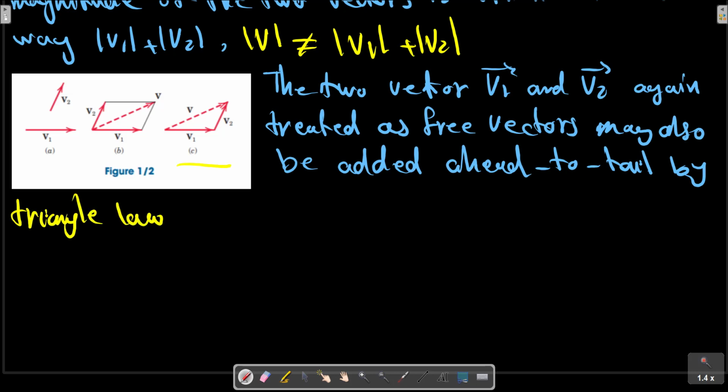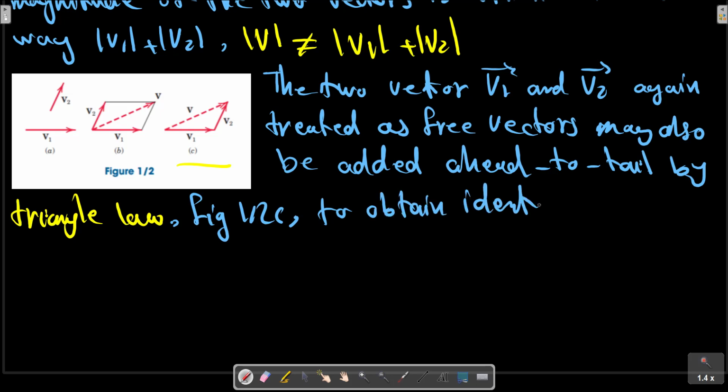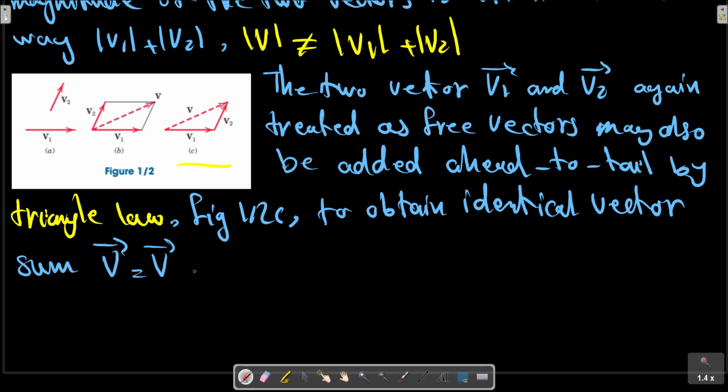This picture, figure 1.2b, obtains the identical vector sum, v1 plus v2.